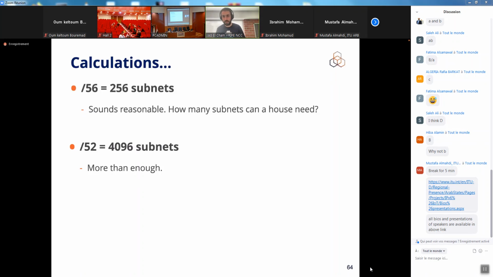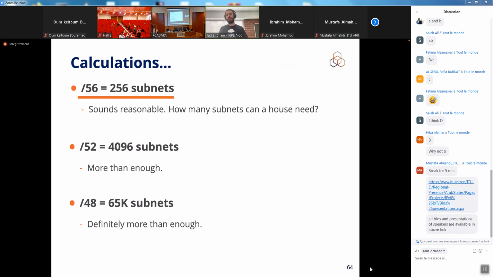That's a lot of subnets for a house, right? Like, I consider myself a geek, and I don't use more than 20 in my house. So /52 would be an overkill, and definitely /48 would be an overkill. /48 would mean more than 65,000 networks inside the house. So reasonably speaking, we are going to choose /56 for every house.